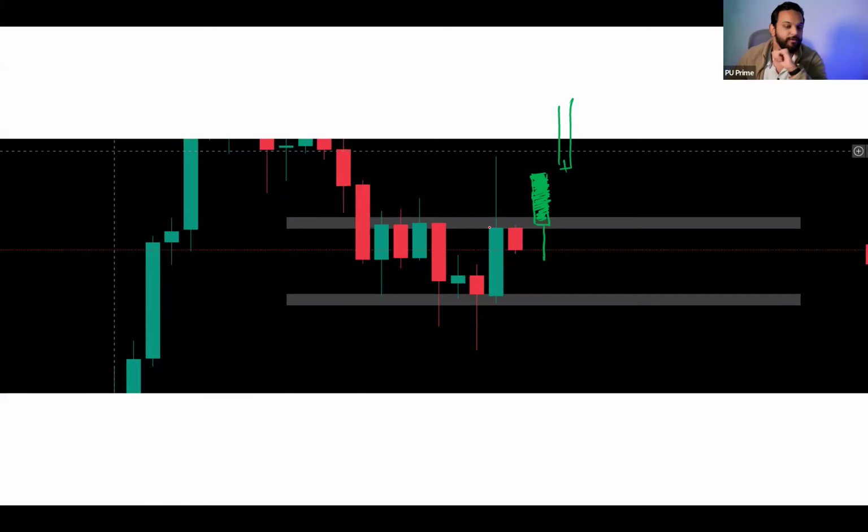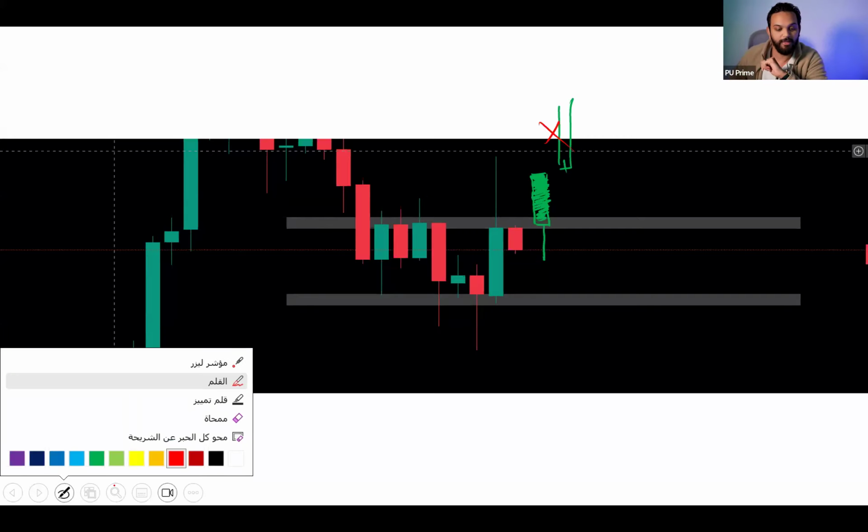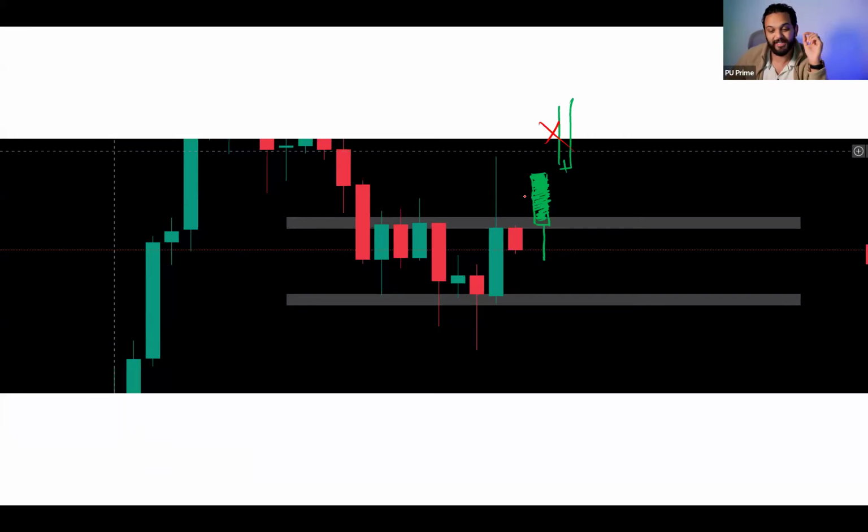Why? I don't want to enter this trade. Why? Because there is a low probability, a 50-50 chance that the price might flip to this level. Now, if the price flipped to this level, here I should wait, because if the price actually respected this zone as a support and I started to see another bullish candle forming, there is a high probability that the price is going to go up.